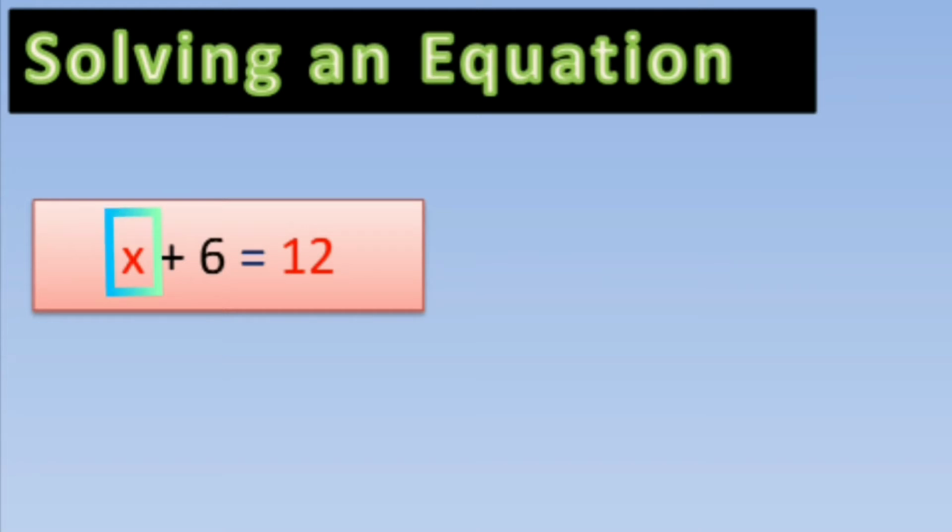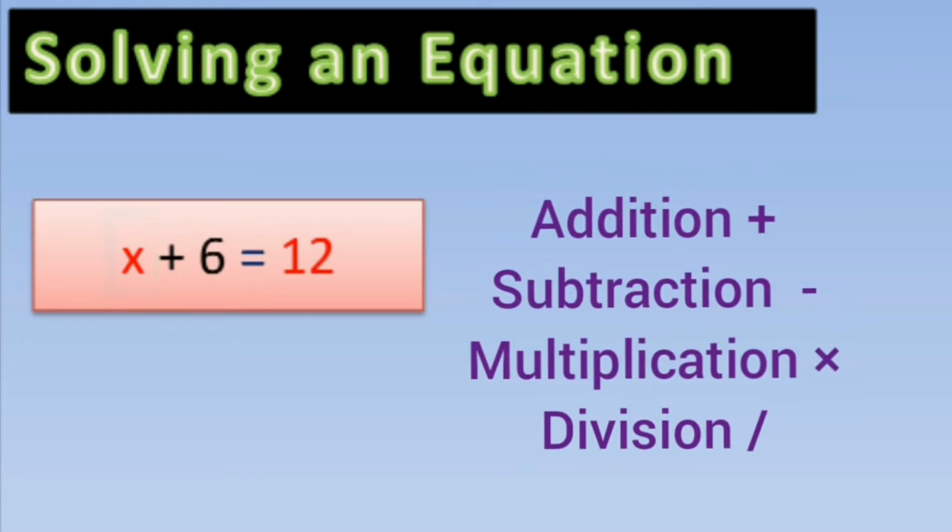To find the value of the variable, we have to separate it from other numbers. It should be alone on the left hand side or the right hand side. To separate the variable from other numbers, we have to perform different operations. It depends on each equation what operation you will perform. We may have to perform more than one operation to solve some equations.